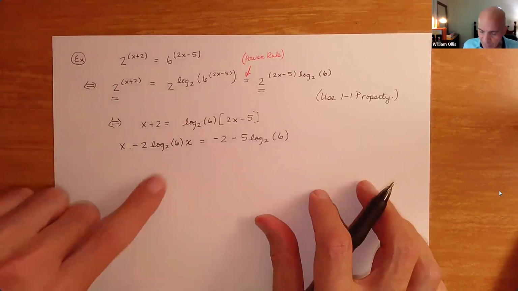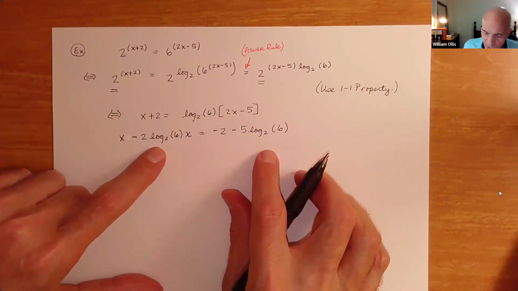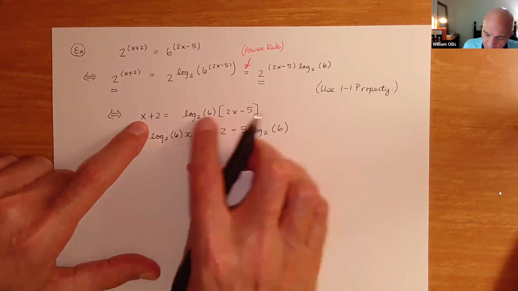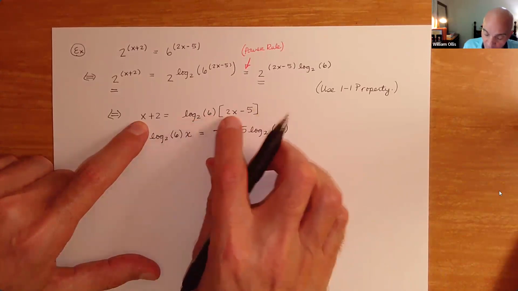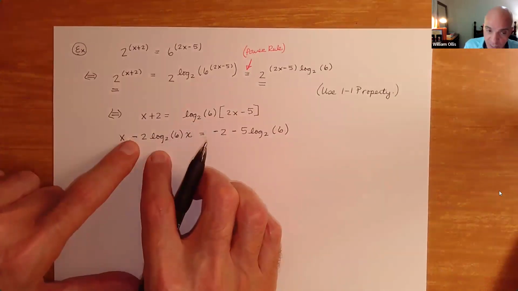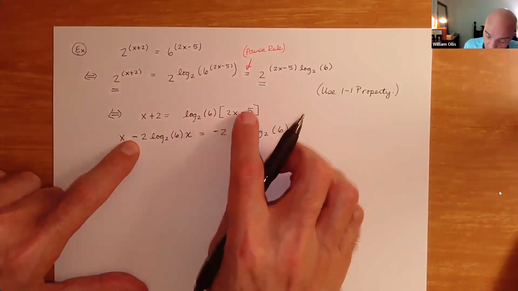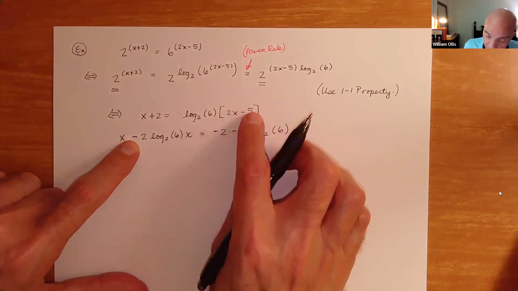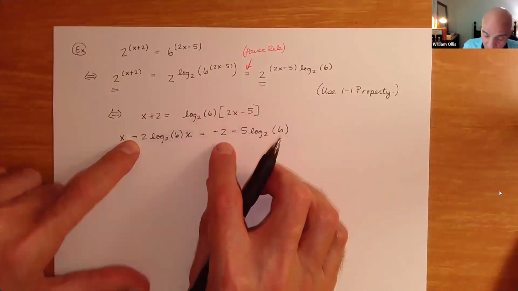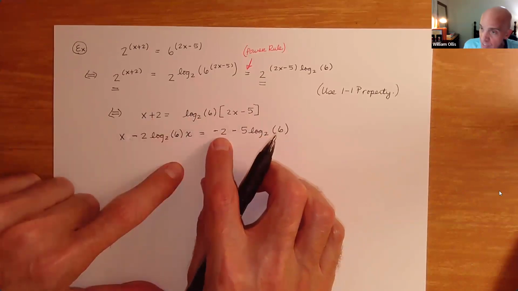Now this is kind of busy, but again, we're just isolating the x. So let me review. We have a 2 times the base 2 logarithm of 6 times x, which we move over. So that gives us the negative sign. And then, of course, over here already, we have negative 5 times the base 2 logarithm of 6, which is this term. And then, of course, we transpose the 2 to give us the negative 2.